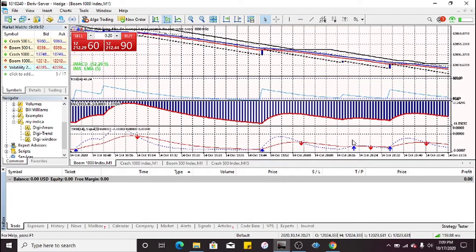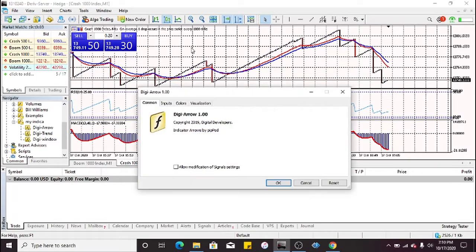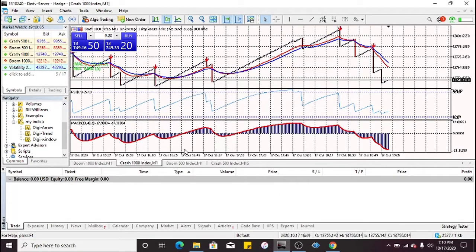Okay, so now this is the window. I'm going to do it for the other one too, because you're going to use it on those.